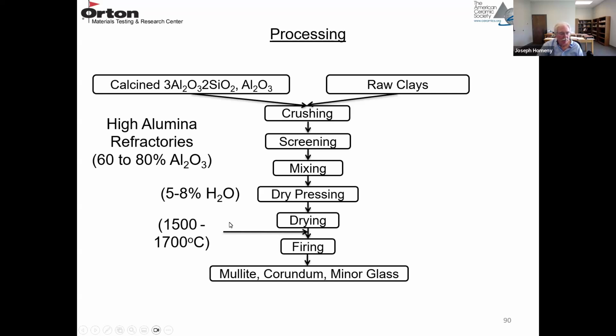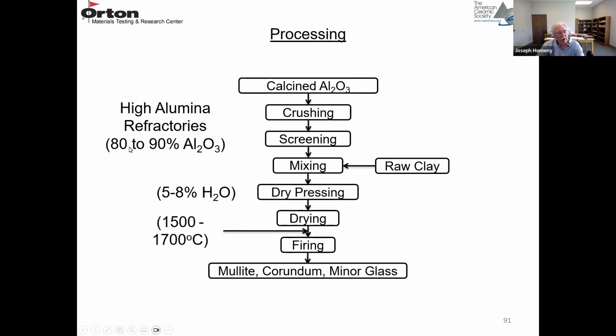Then drying and firing. The firing temperature goes up with the alumina content, maybe 1500 to 1700 degrees C. Now you should end up with a great deal of mullite, because mullite is about 70% alumina, some corundum, and then the amount of glass should be a lot less. So the glass phase will be minor in this case.